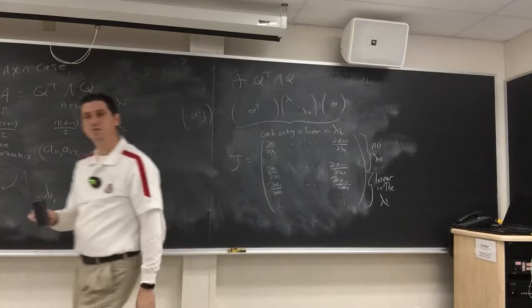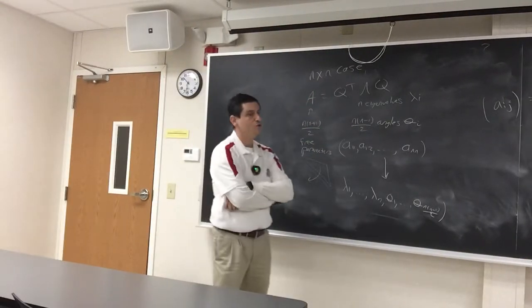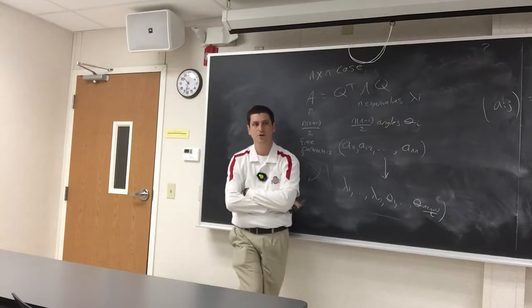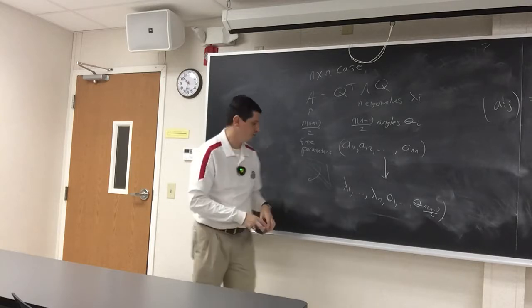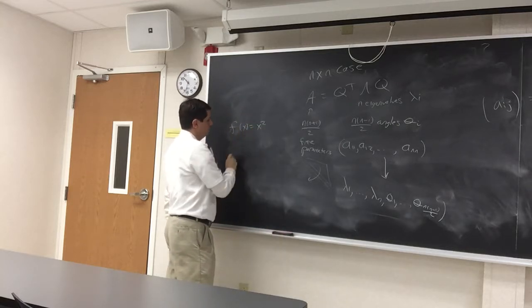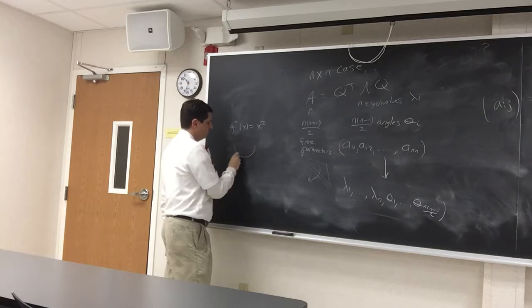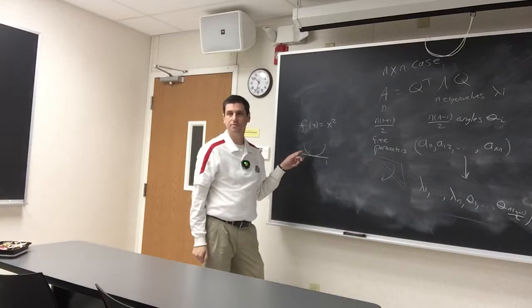Okay. Well, we know a little bit of something about this change of variables. When you do a change of variables, when are you allowed to change variables from one to another? If I have a relation between things, I can't always change variables. For instance, if I have f of x equals x squared on the interval 0 to 1, or negative 1 to 1, I can't change variables.